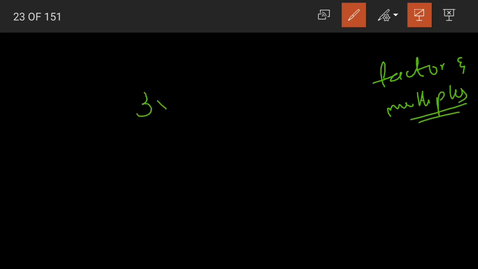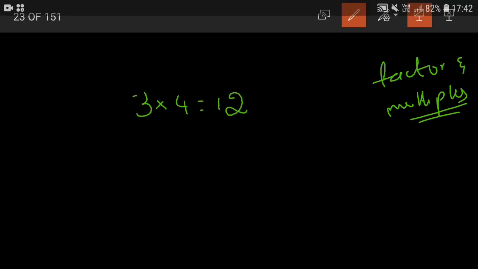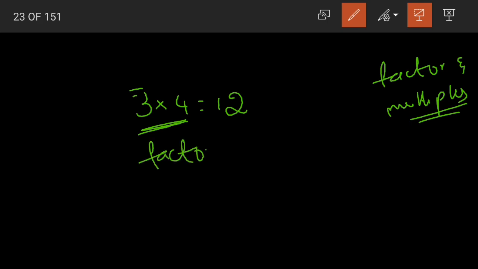Now if we take any multiplication fact, children, what did we learn about today? We learnt about factors and now we are learning about multiples. So if we take any multiplication statement, say 3 4s are 12, the two numbers that we are multiplying, 3 and 4, are called our factors, and the number that we got upon multiplying is called our multiple.